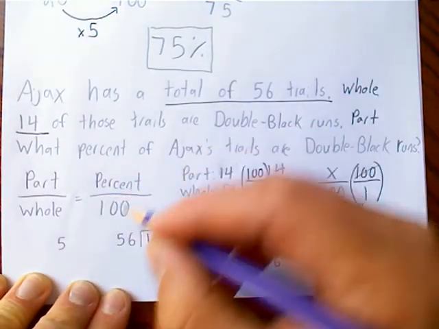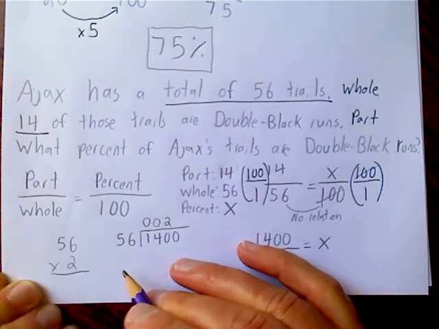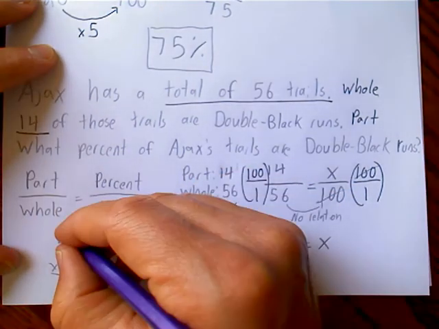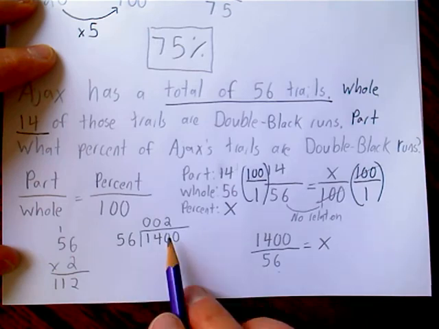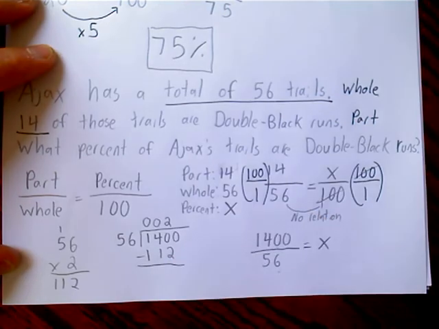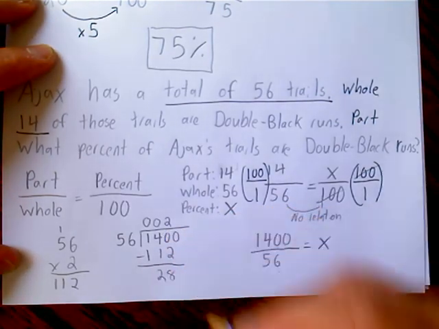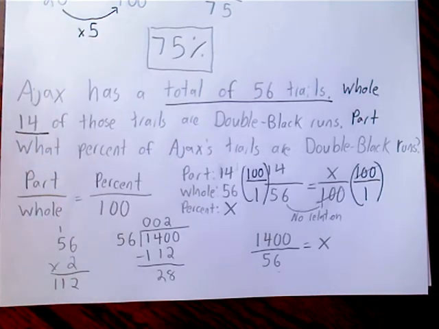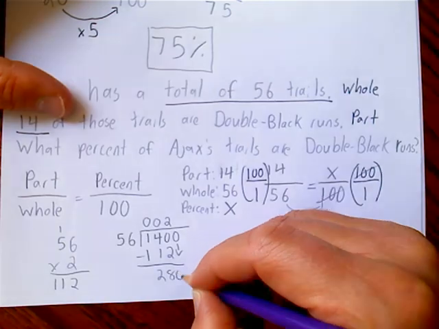Let's see what 2 times 56 is. 112. That makes sense to me. 2 times 56 is 112. Subtract, and I'm going to get 28. Yes, yes. Bring down my 0.